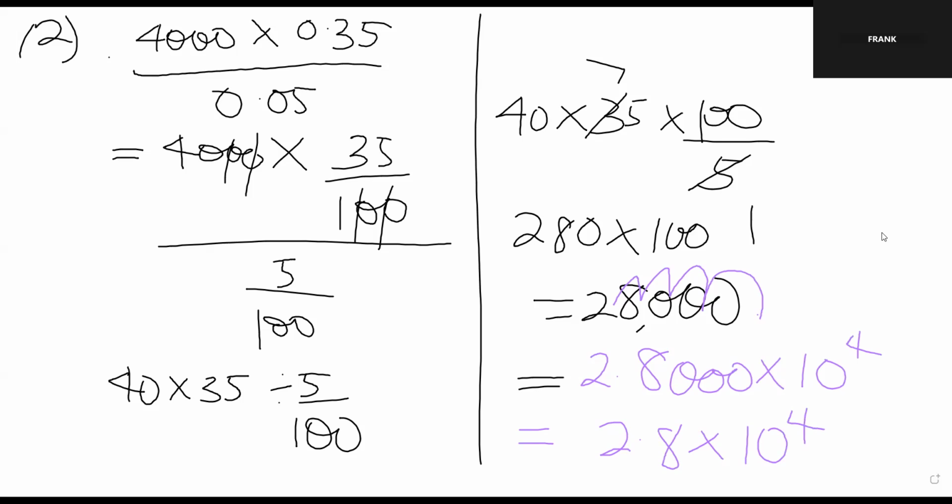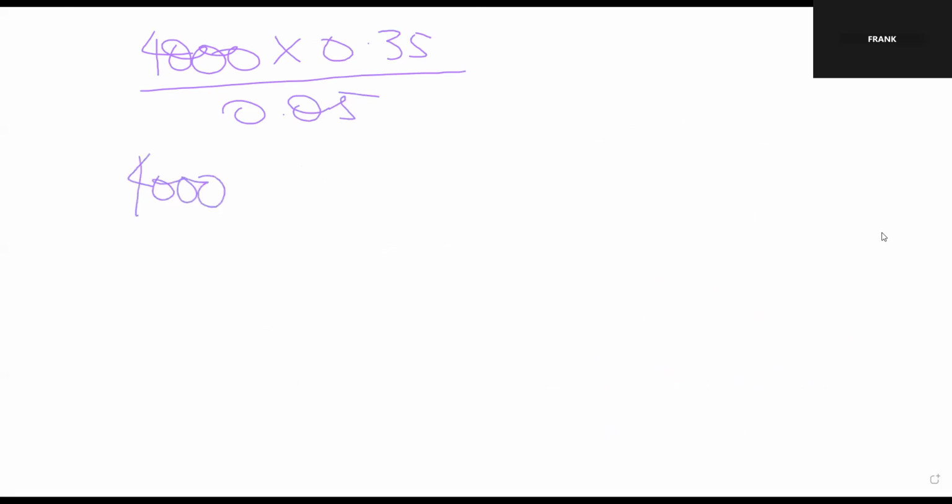A different approach to solving this is to convert the decimals. We have 4,000 times 0.35 over 0.05. So this is 4,000 times 35, and the movement was towards the right, so that's times 10 to the negative exponent 2.